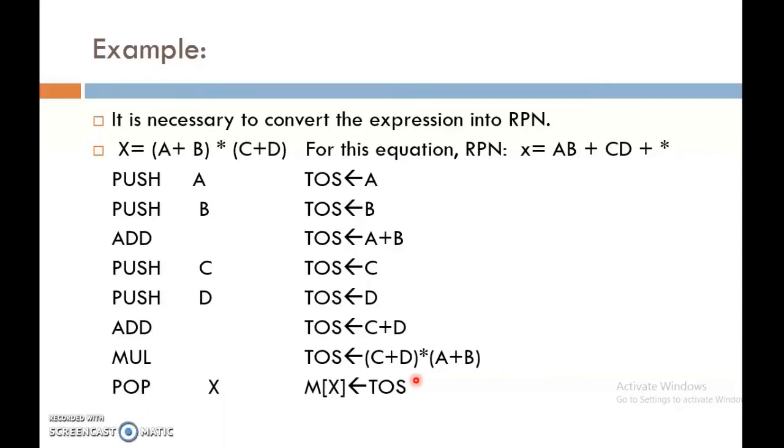So at the last we want the result into X location, memory location X. So simply perform pop X operation so that the final answer which is stored on the top of the stack, will be transferred to the memory location symbolized by X.